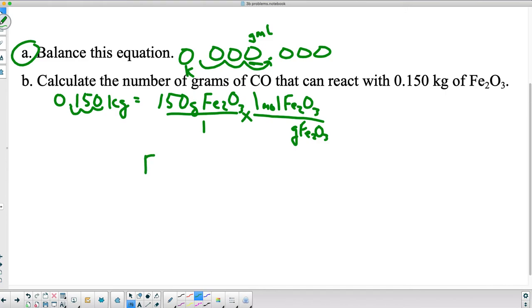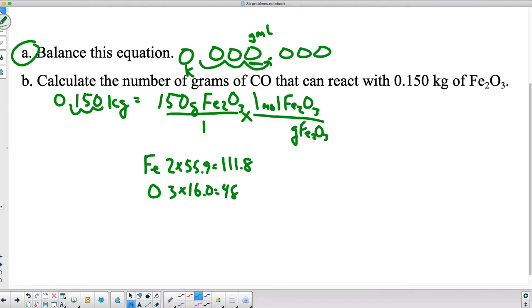So Fe and O, 2 and 3, 16.0 is 48, times 55.9 is, who knows, what is that, like 111.8? No, I think I just made that up. I think that's pretty close, actually.